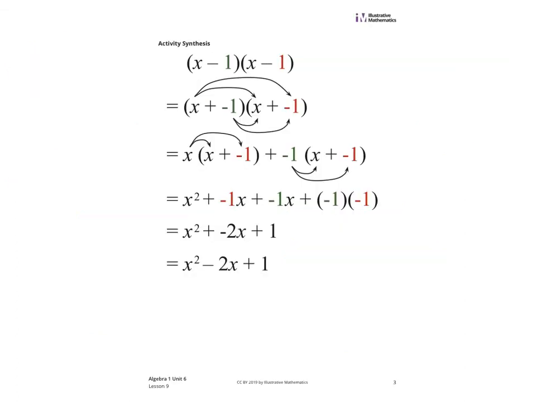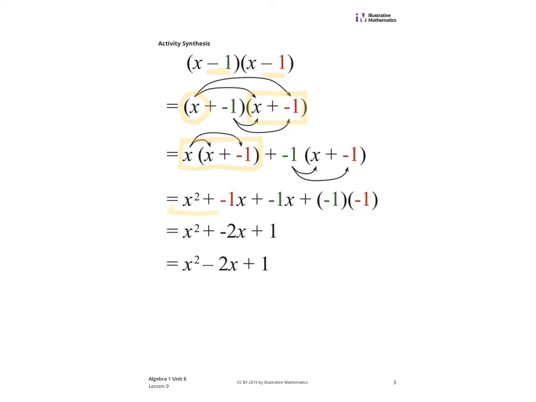Okay, looking through our activity synthesis, we're just modeling this with negatives. So it's really important that our negatives stick with the numbers they are. So this x times this binomial gives us this.